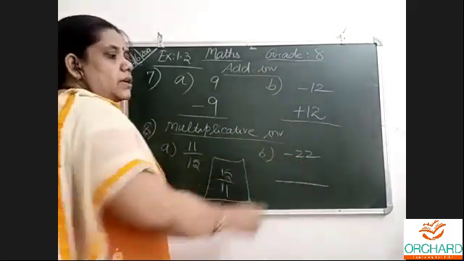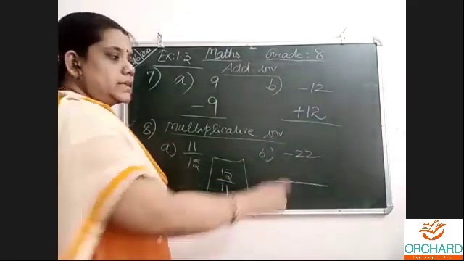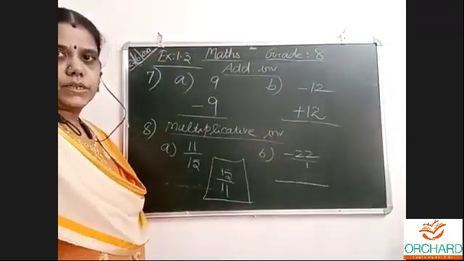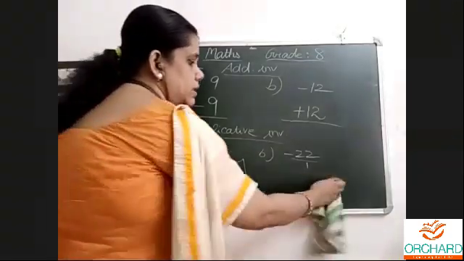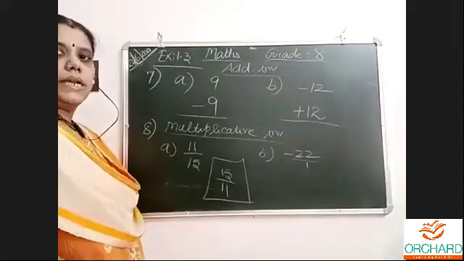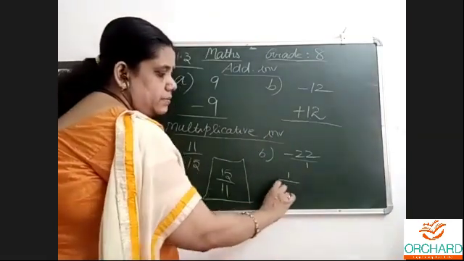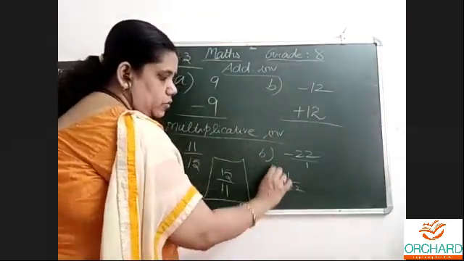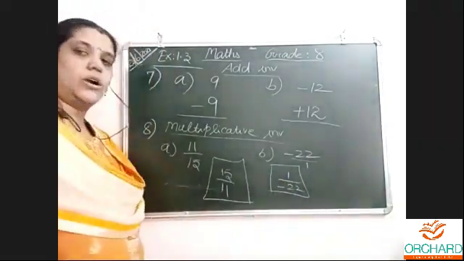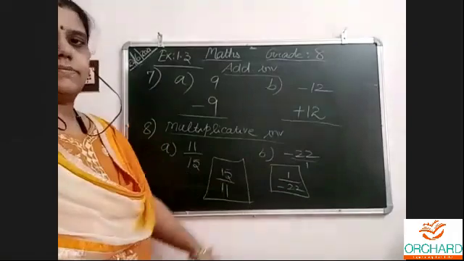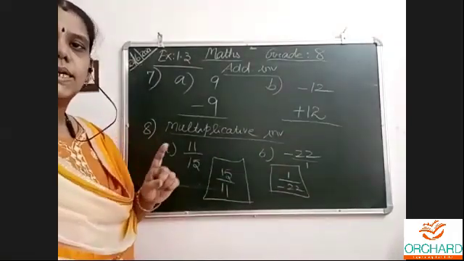What is the inverse of minus 22? Nothing is there means 1 is there. That we already told. Minus 22 means minus 22 by 1. What is the reciprocal? 1 by minus 22. It is not simply the sign. No need to change the sign, Caleb.